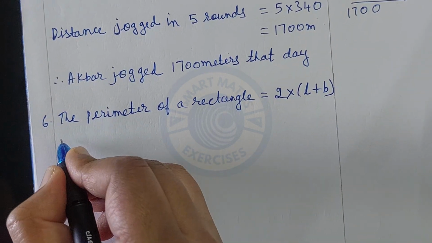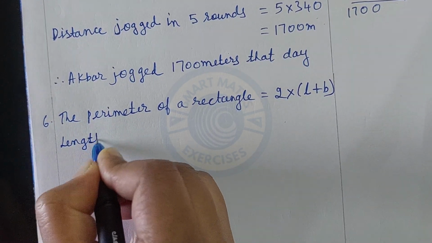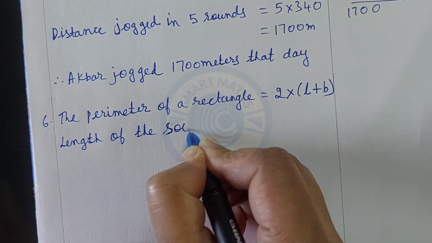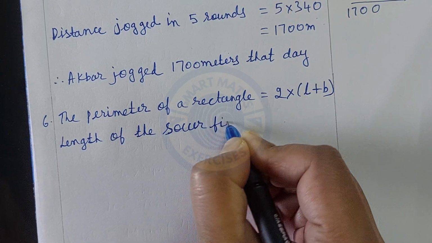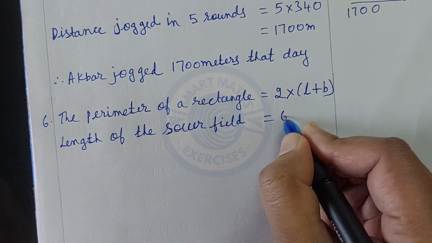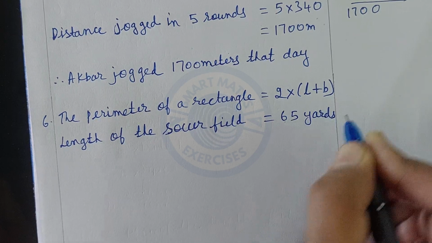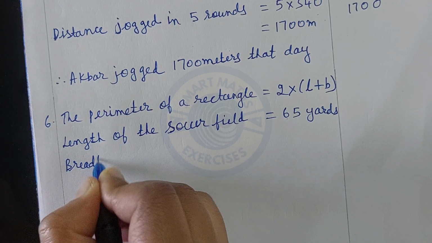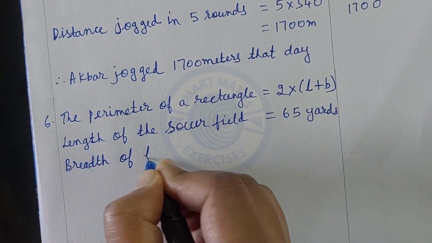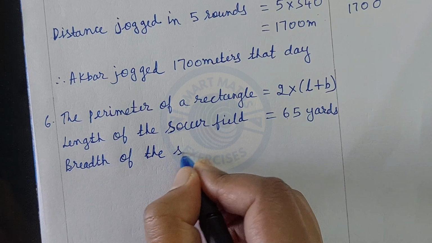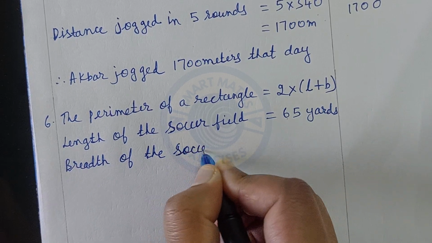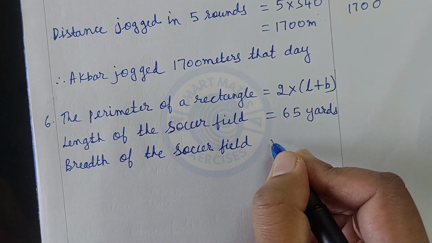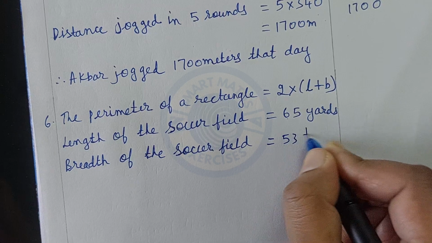Now they've given the length of the soccer field, that is 65 yards. They've given the breadth of the soccer field which is 53 1 by 3 yards.